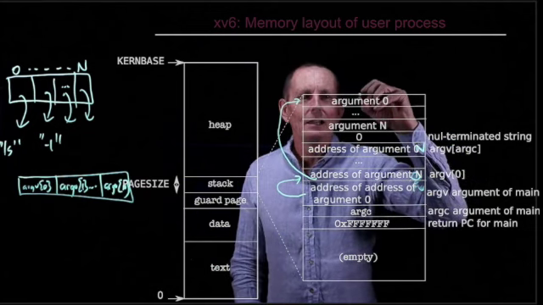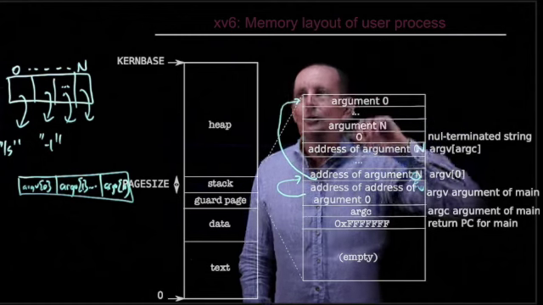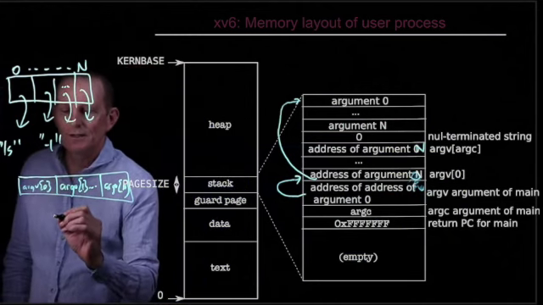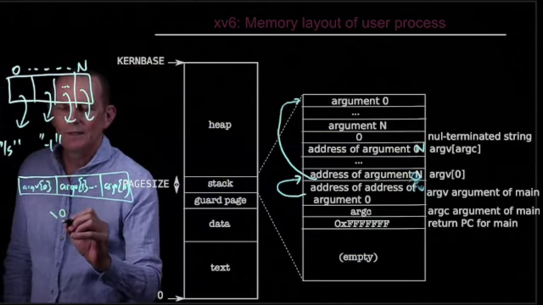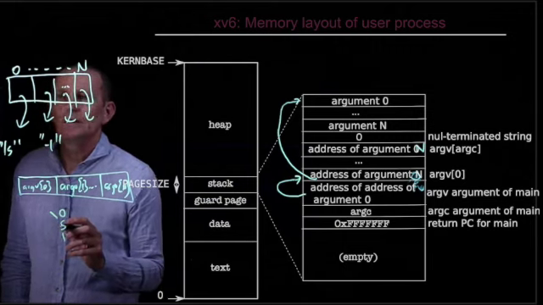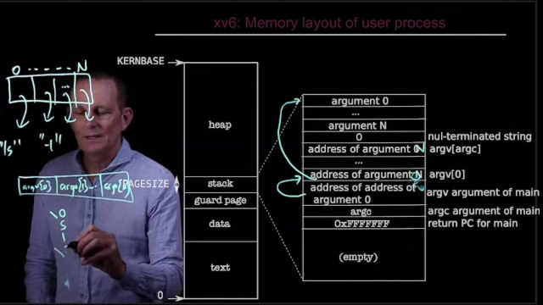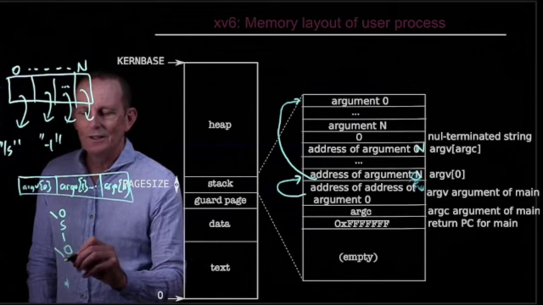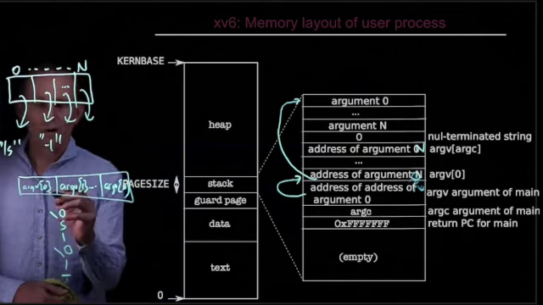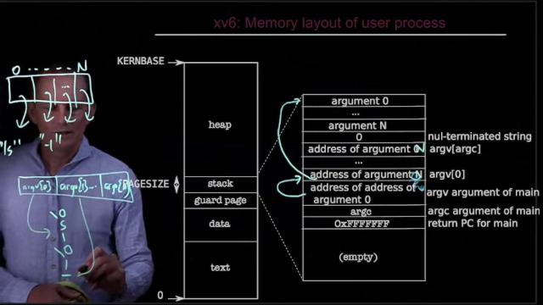It's going to be an L, and then an S, and then a null character. So we will have basically something like this. We'll have on the stack a null, an S, and an L. That represents the first argument. Then if we look at the second parameter, it's going to be a null, an L, and a minus. Okay, so we want argv0 to point to here and argv1 to point to here.